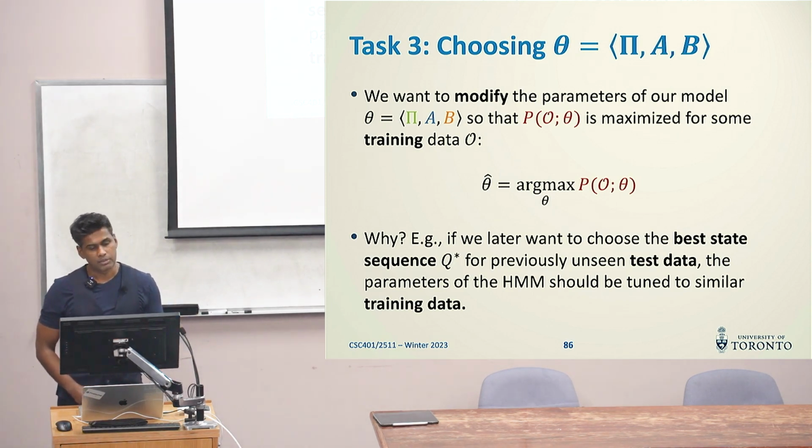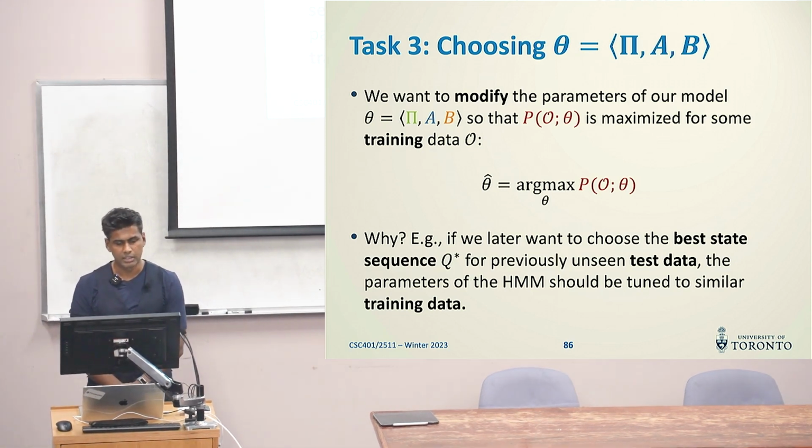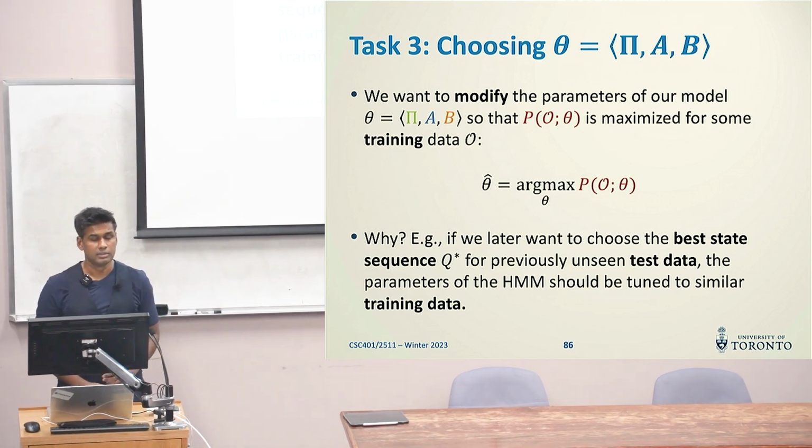So argmax theta of our observation likelihood is the mathematical formalization. Why do we train a model? We're trying to get a trained model that best fits our observation data, in the hope that these parameter values work best on some unseen test data. The basic question of training any model.